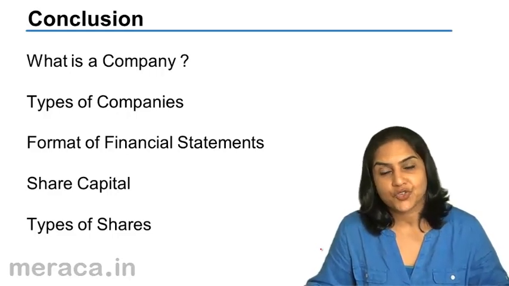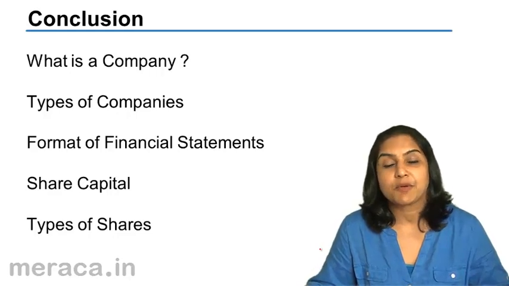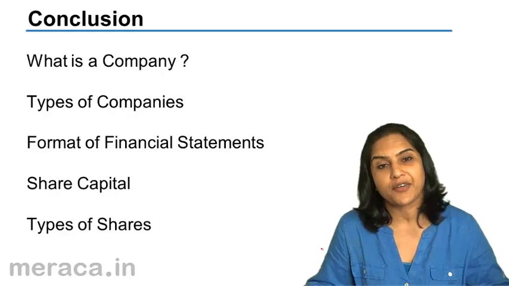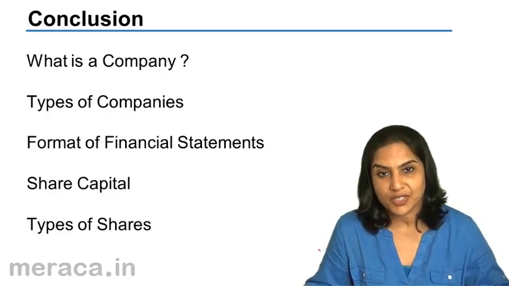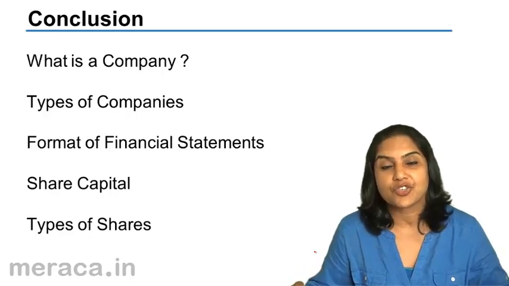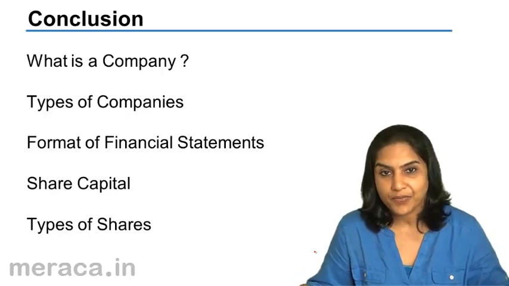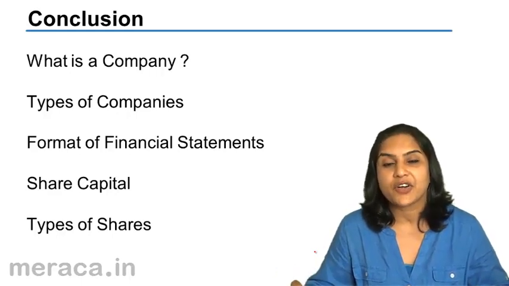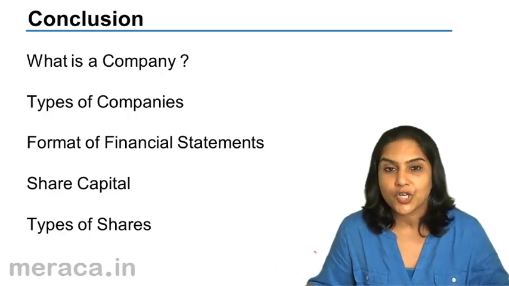Minimum number of persons could be 2 and a maximum of 50 as per the old Companies Act 1956 and 200 as per the new Companies Act 2013. But the distinctive feature is that there is a restriction on the transfer of shares. The shareholders of a private company cannot easily transfer their ownership.